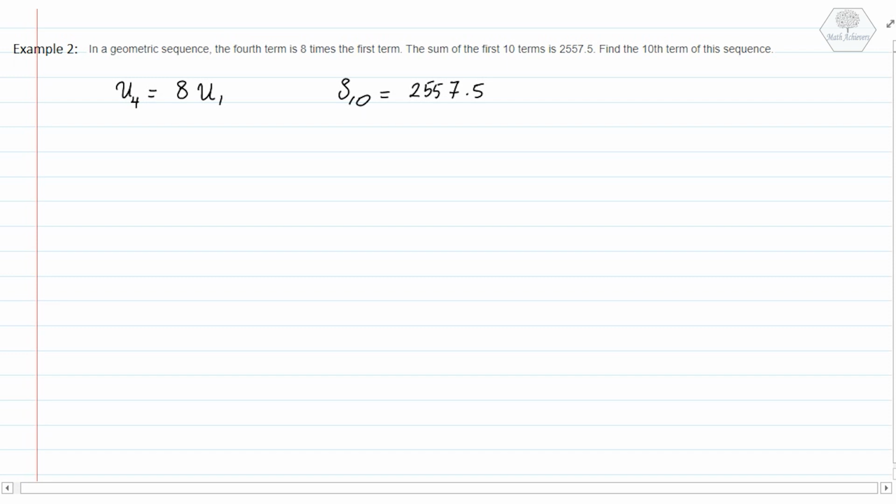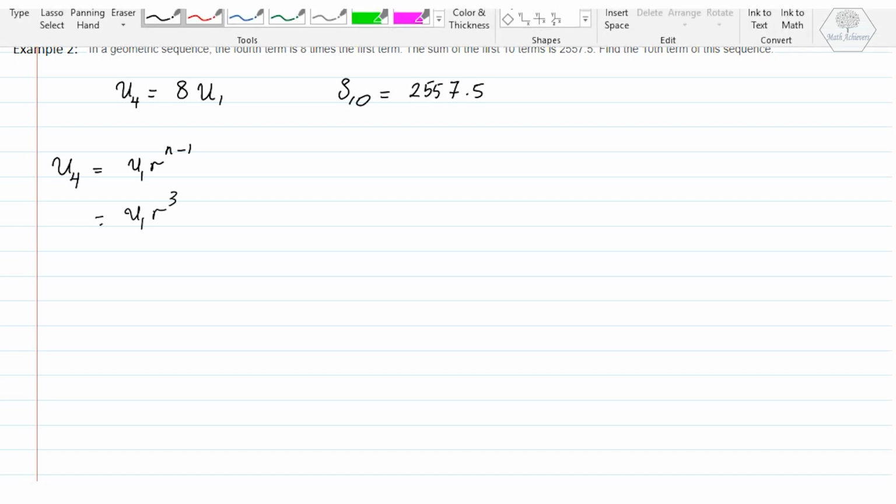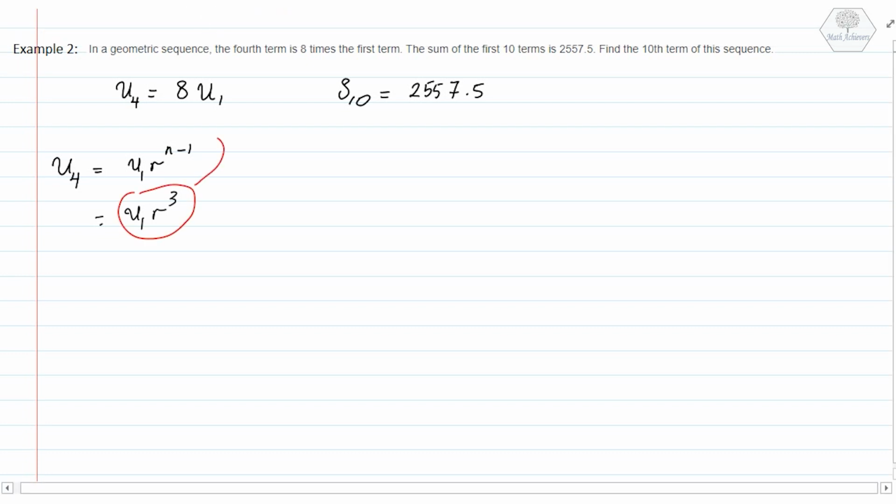So now, u4 is equal to 8 times u1. What is u4 equal to? u4 is equal to u1 times r to the power of n minus 1, which is equal to u1 times r to the power of 4 minus 1, which is 3. This is what u4 is equal to. So I can now substitute this value instead of u4.